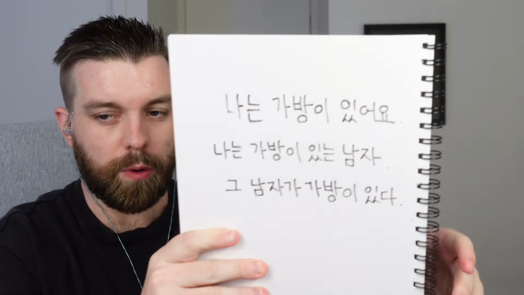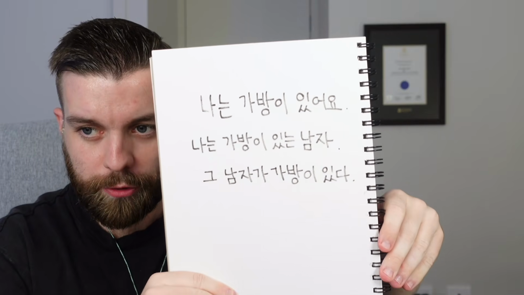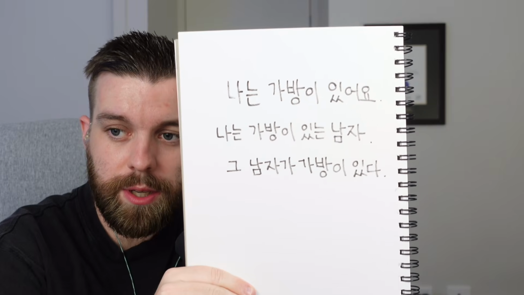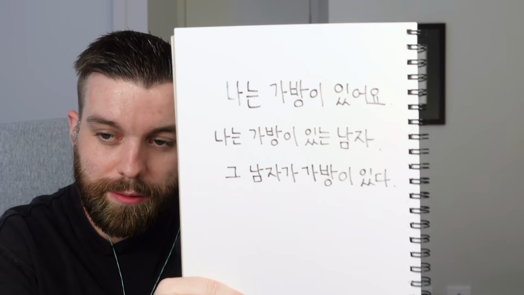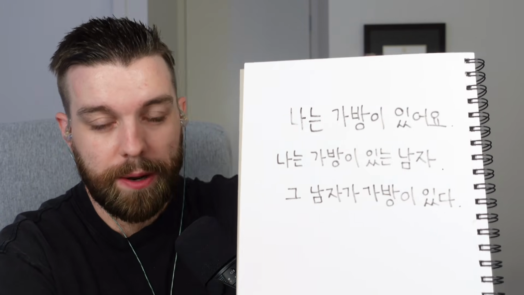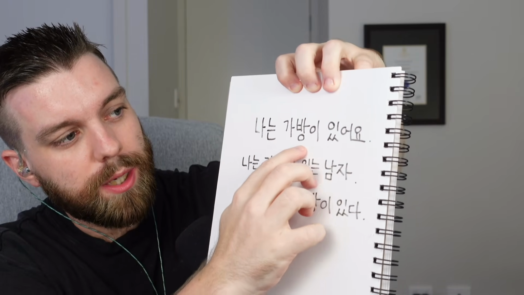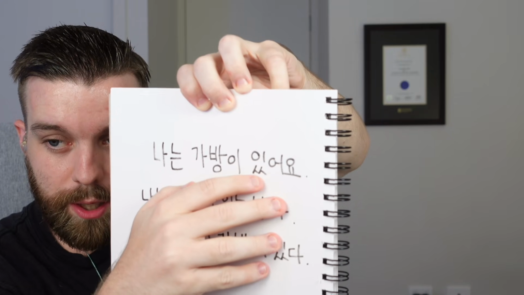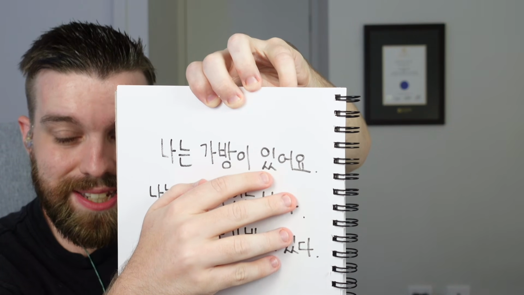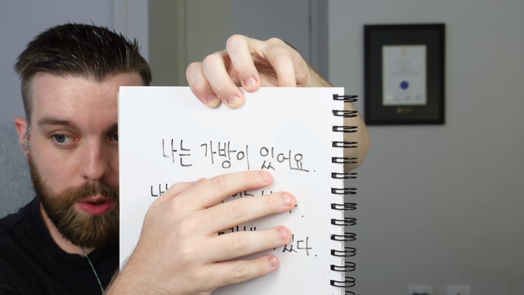Three very different examples, but try and follow along with me. The first sentence says, 나는 가방이 있어요. 가방 is bag. 나 means me. 나는, I, bag, 있어요, have, right? So you pronounce this 나는 가방이 있어요. Why is this pronounced as S again, by the way? Do we remember the rule that I was talking about just before?